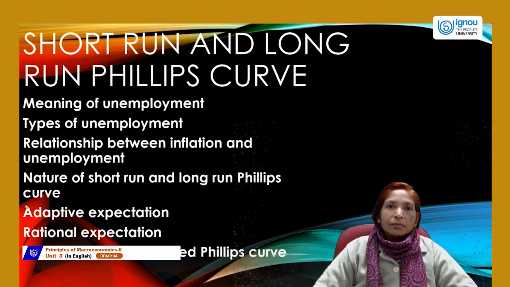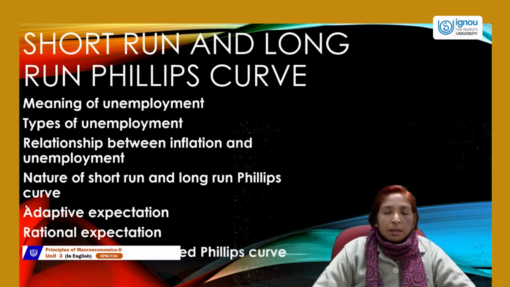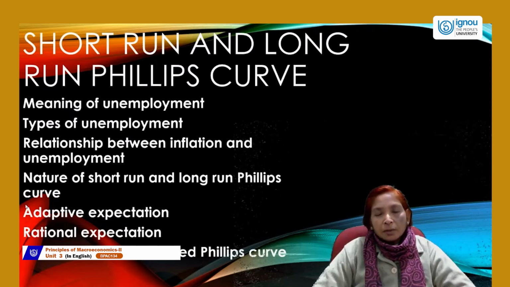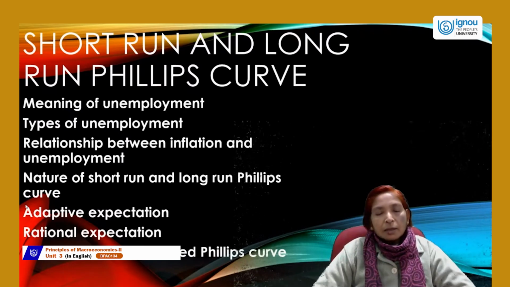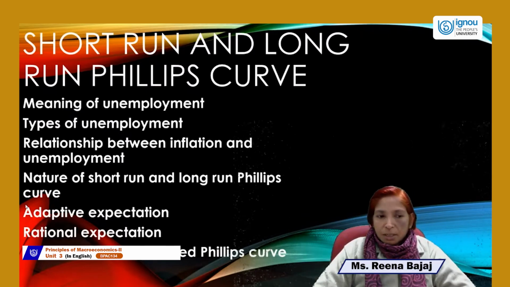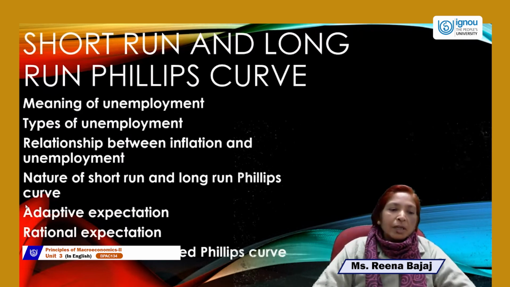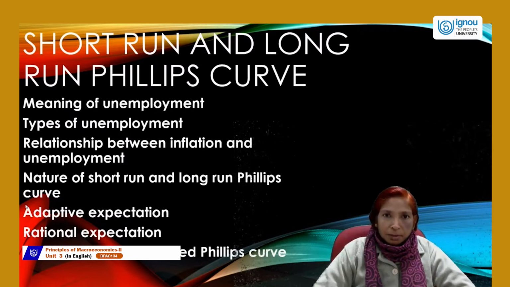So in today's session, we will discuss the meaning of unemployment, types of unemployment, the relationship between inflation and unemployment, the nature of short run and long run Phillips curve, what is adaptive expectation and rational expectations, and then we will conclude with the augmented Phillips curve.